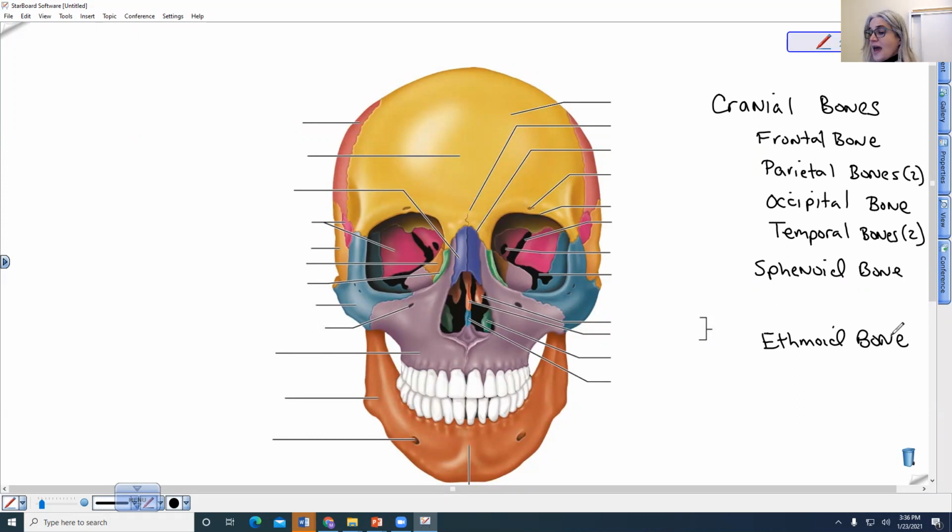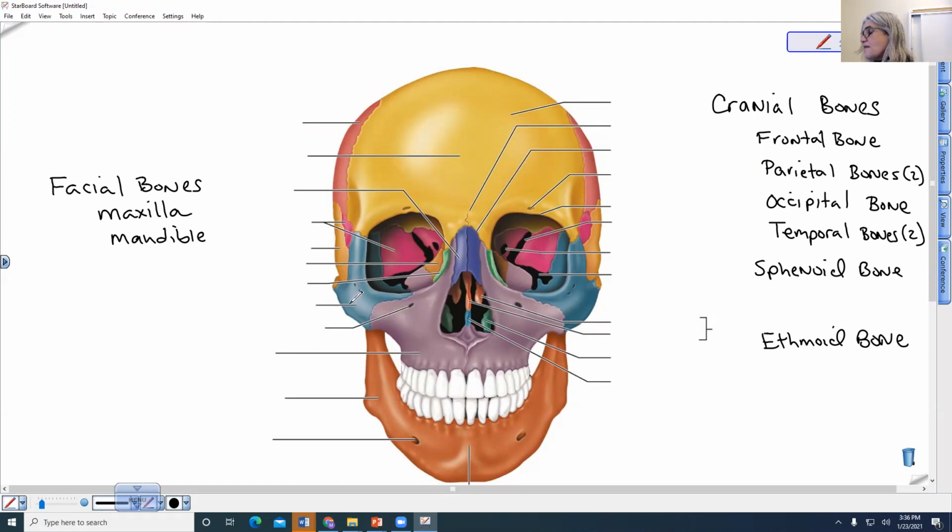Now we can also look at the facial bones. So we already talked about the maxilla and the mandible. We have a bone right here, which makes up your cheekbone. This whole structure right here is called your zygomatic arch.